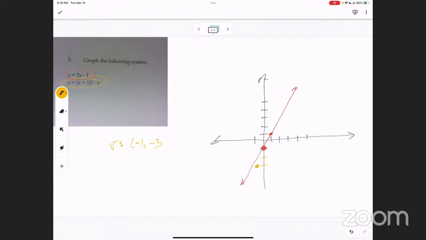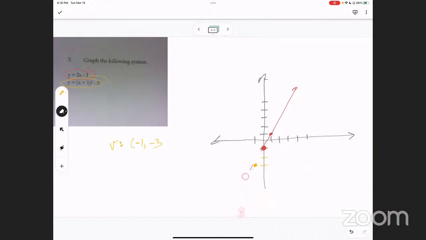Plot this here. Okay. Wait, maybe that's actually on my line. Yeah, on my red line. I think it is. -1, -3. I didn't do a very good job drawing my red line or that dot. So let's fix that.